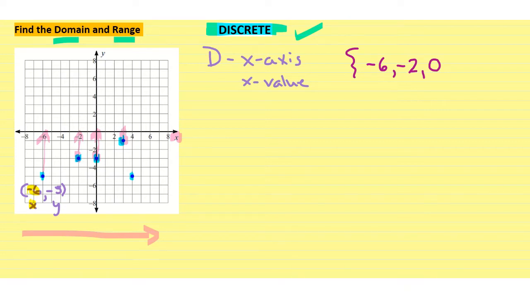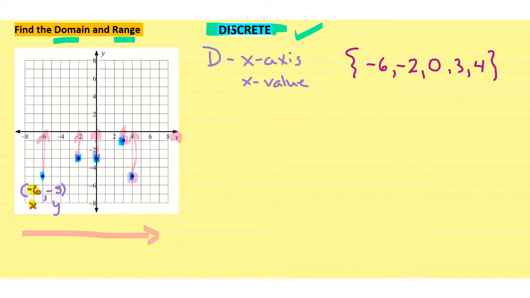So like I said, we continue to move from left to right, and now we have a 3 as part of our domain. And our final point is right here. What does it line up with on the x-axis? It lines up with the 4. So that is going to be our final domain value, which represents all the x values represented by our points.